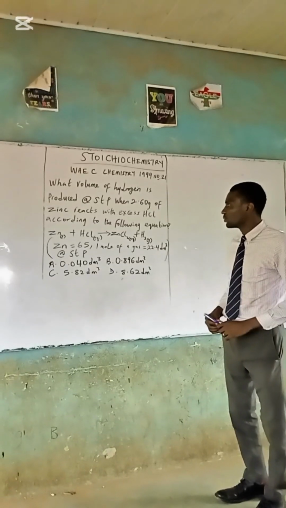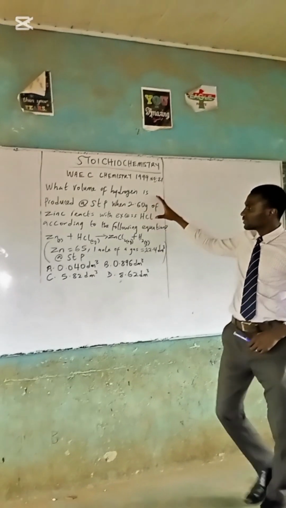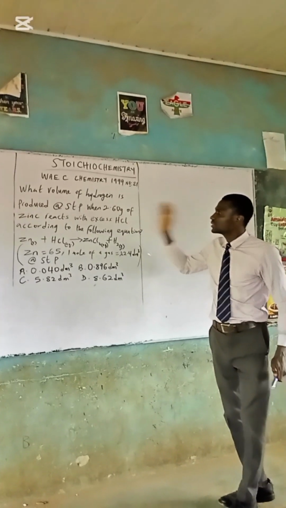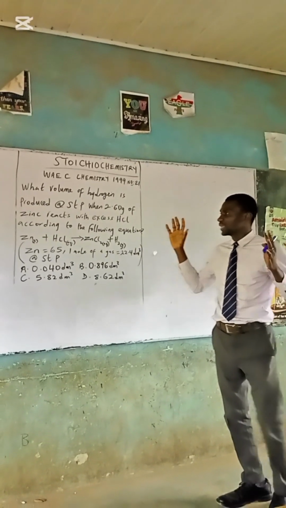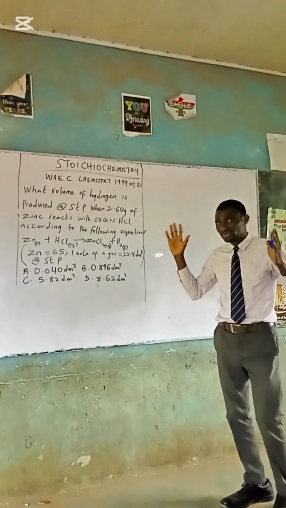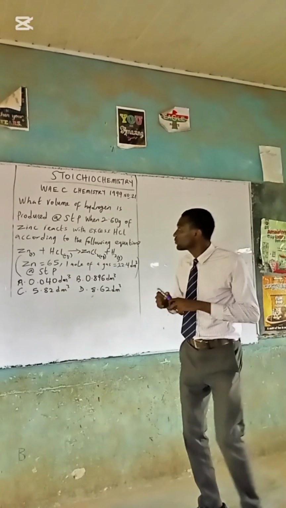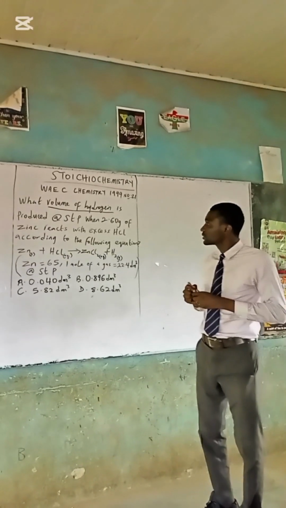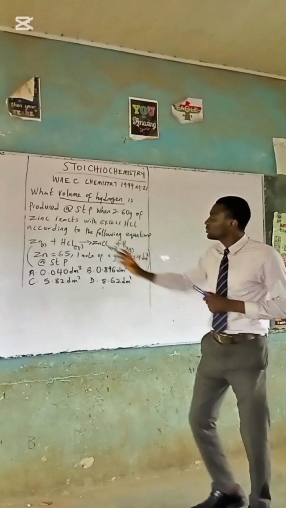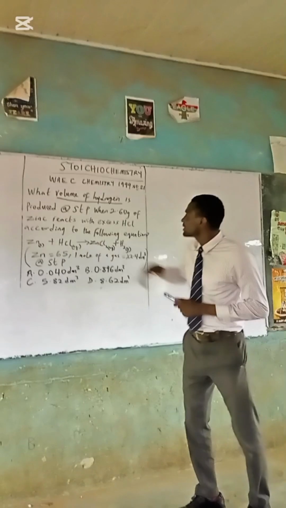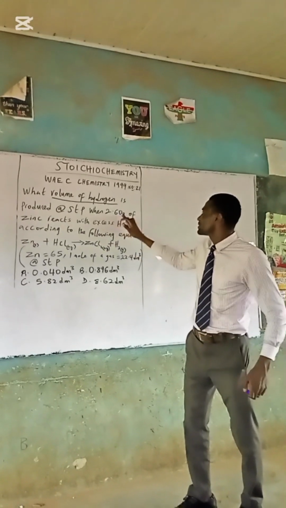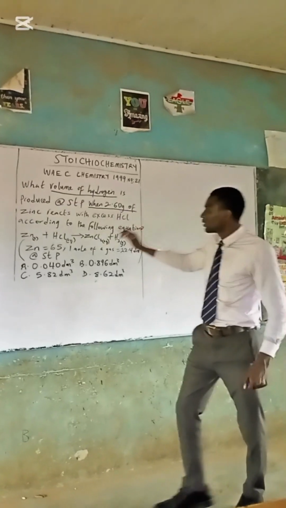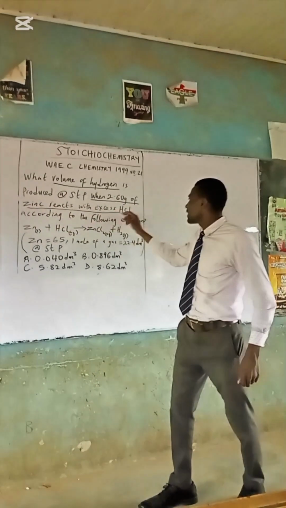We are looking for volume. Now, when you have a question like this, you don't need to disturb yourself. The first thing you look for is the two parameters. That's why I tell my students, there are two things you look out for here. They say what volume of hydrogen, so we are looking for the volume of hydrogen, when 2.60 grams of zinc reacts with HCl.